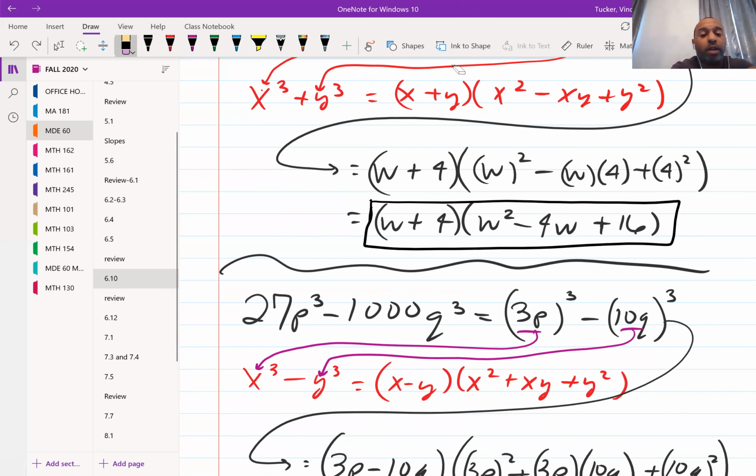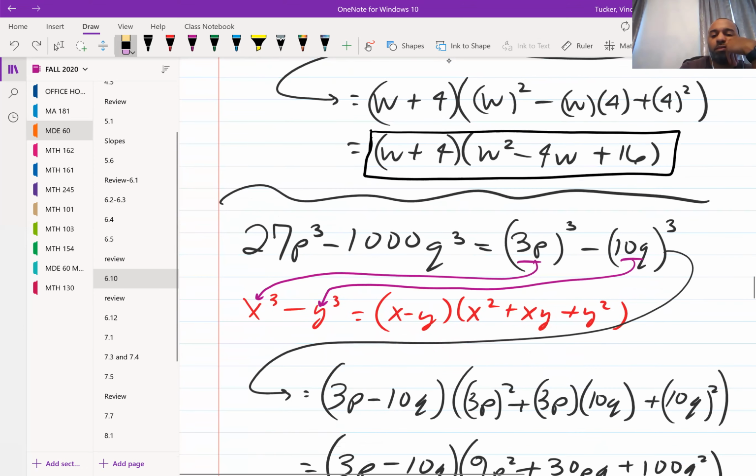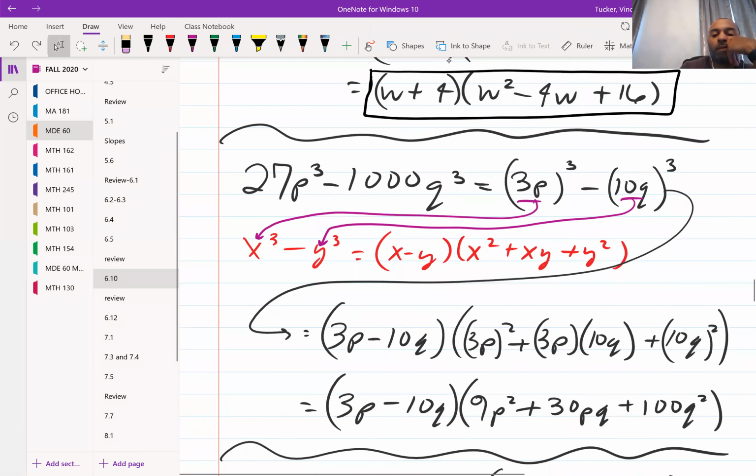So it means I will plug in 3p where I see x, plug in 10q where I see y. All right, and so 3p minus 10q will stay the same.